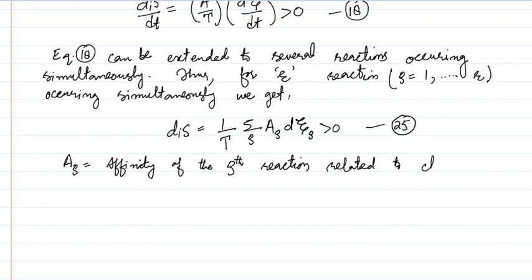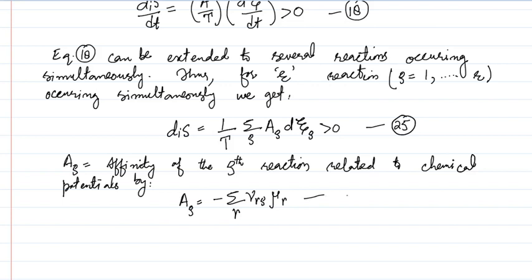Related to chemical potentials, that means A ρ will be equal to minus summation of ν γ ρ and chemical potential μ γ. Okay, this is 26.